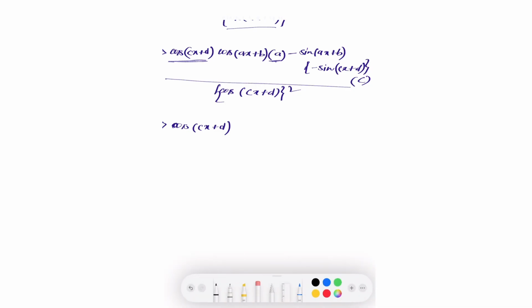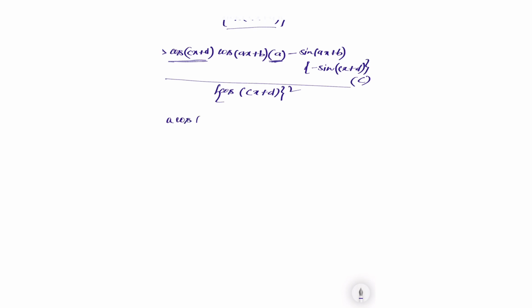It will become a cos cx plus d cos ax plus b, minus. Look here, 1 minus here, 1 minus here, if multiplied, minus minus will get cancelled, so plus.